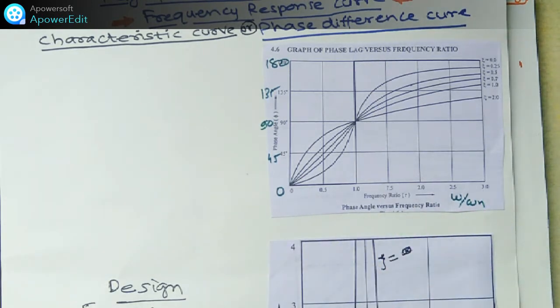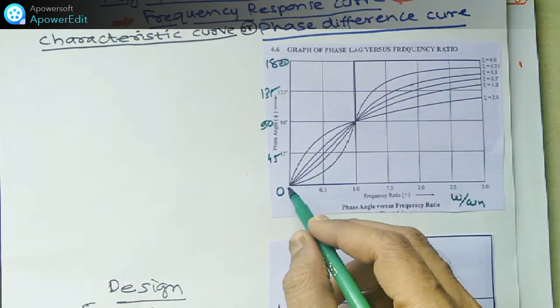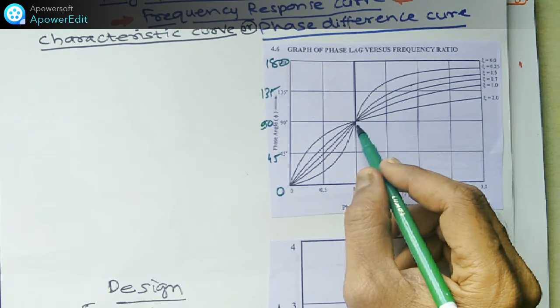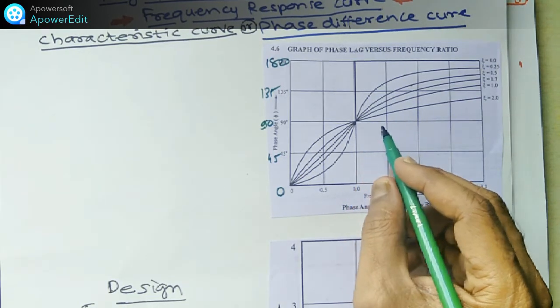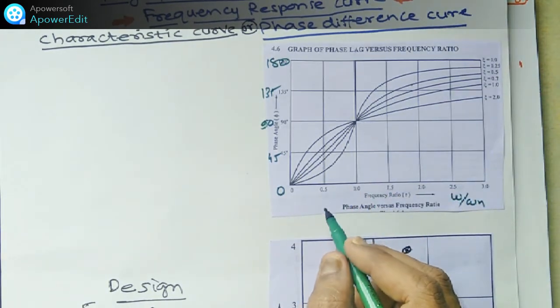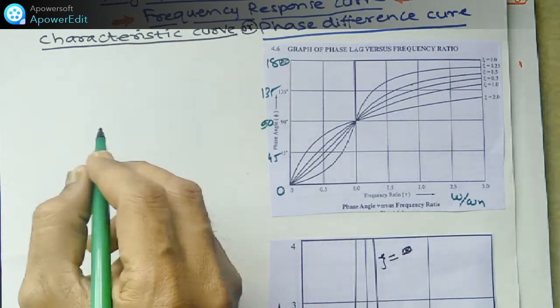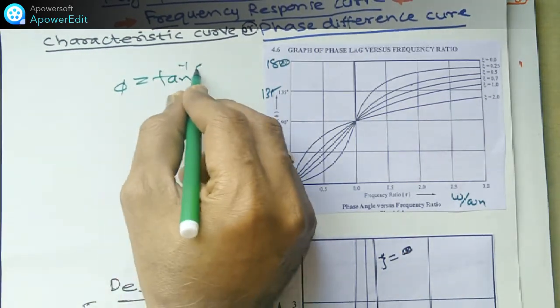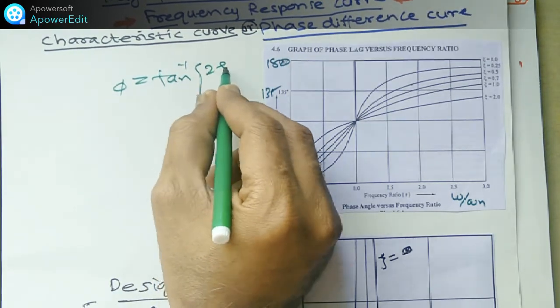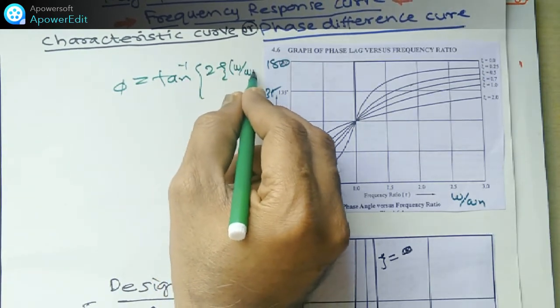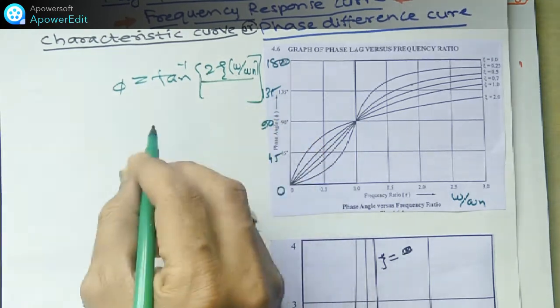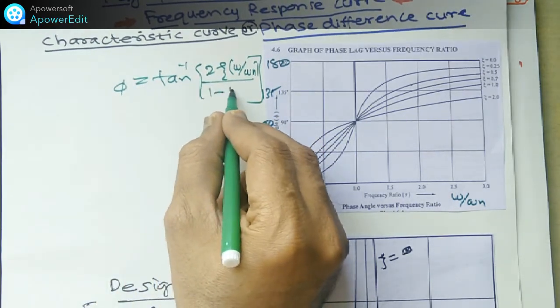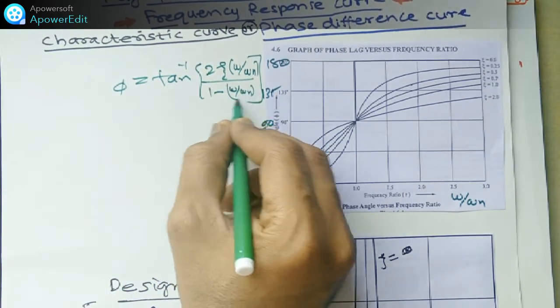So what are the observations from this graph? Already we have studied that phi is equal to tan inverse of 2 zeta omega by omega n upon 1 minus omega by omega n, whole squared. So this is the formula for the phase angle phi.